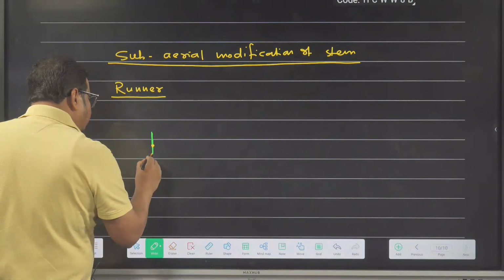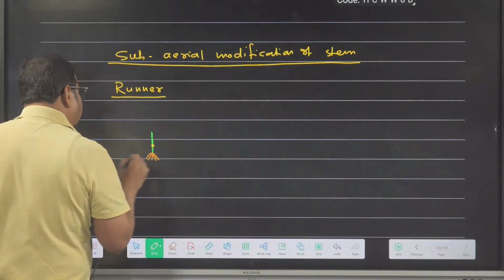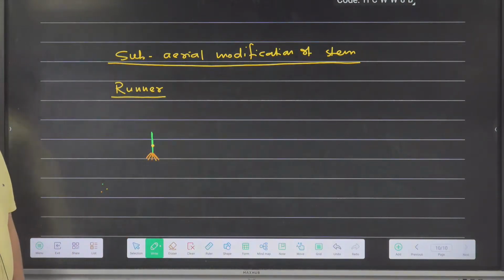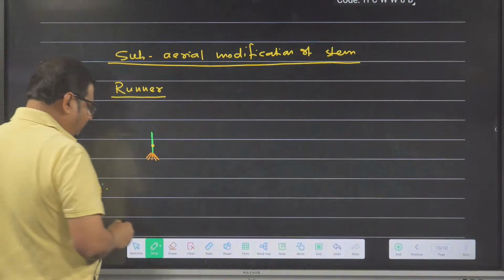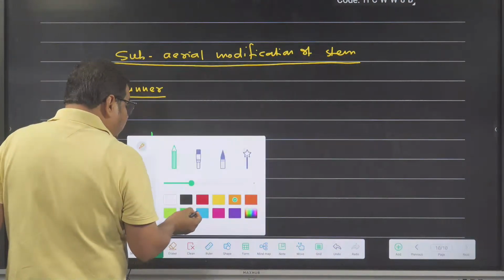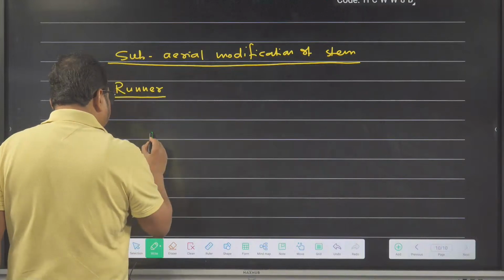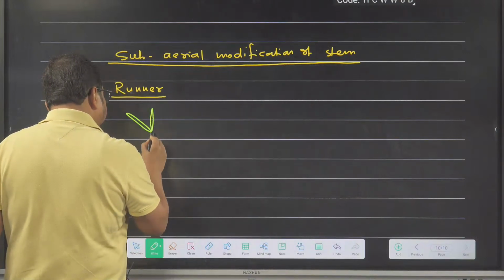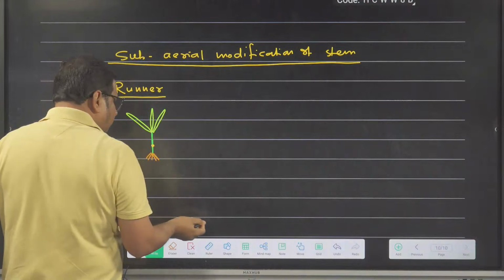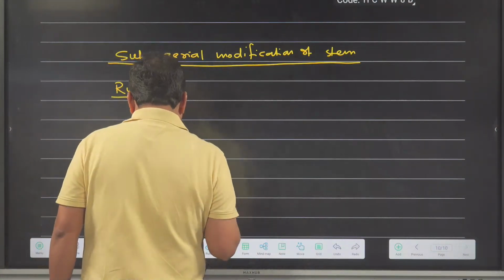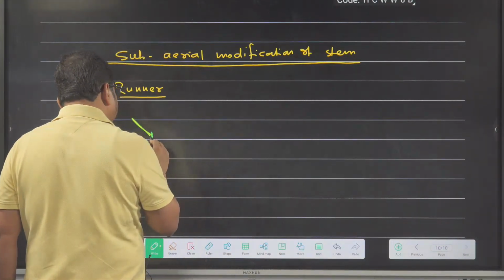From the base of the stem, which root is arising? Fibrous root arising. It is a monocot plant. Now in the upper part, leaves are there. From the nodes, what will arise? Upper leaves will arise.